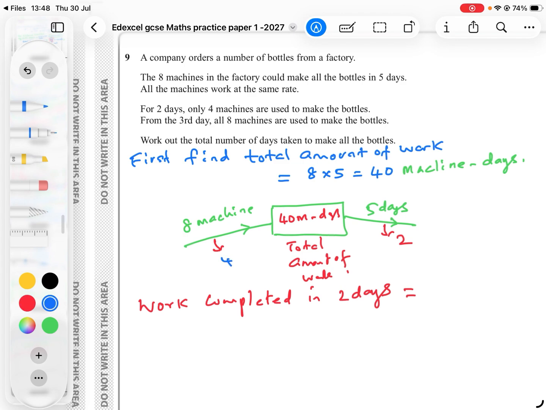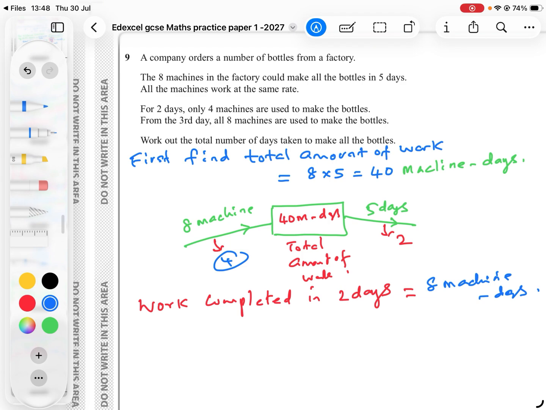So that means work completed 4 times 2, 8 machine days. So total amount of work should be 40 machine days, but in 2 days, because only 4 machines worked, 2 times 4, 8 machine days.